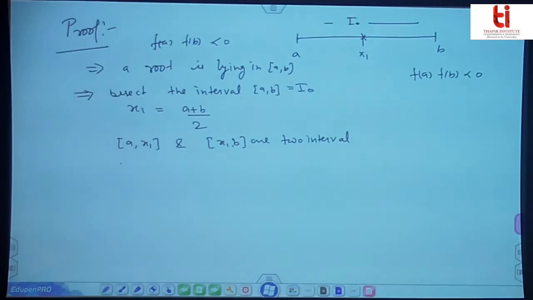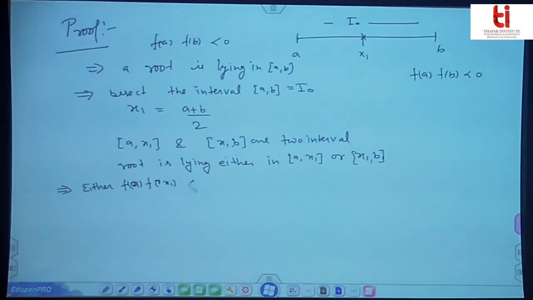Either [a,x1] or [x1,b] contains the root. How can we make sure? This implies that either f of a times f of x1 is less than 0, or f of x1 times f of b is less than 0.